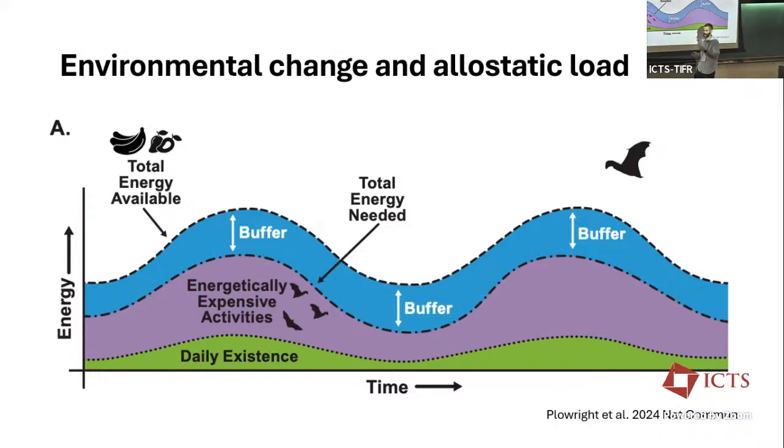And animals have optimized their life history strategies based on the energy available to them in the environment. So that's what we're showing here. Imagine the buffer, this blue bar, is how much they can forage, right? So this is the total energy that's available to them. And so animals are optimizing when to do some of these energetically taxing activities to the times when they have enough energy to do them.